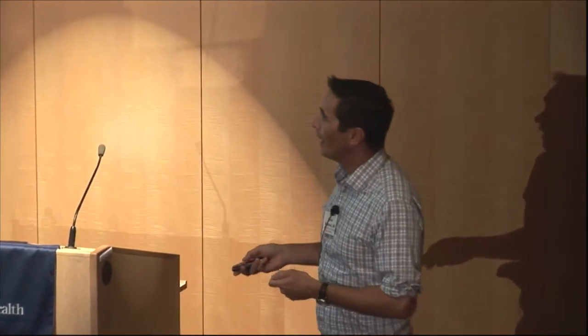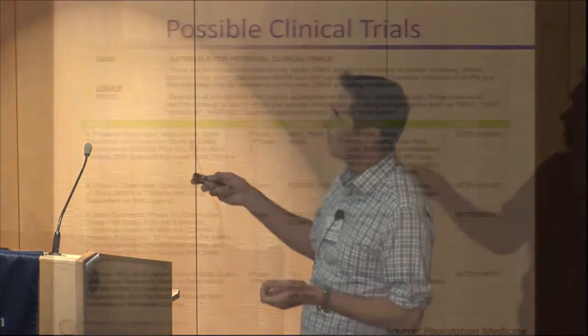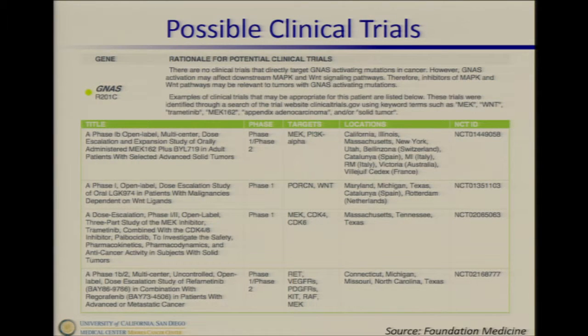So the final slide here is really about, so what does it do for you guys and for the patients? Well, you're going to hear from Dr. Fanta about what he does with Foundation Medicine. Foundation Medicine is one of those companies that sequence the DNA of those tumors and tell us which genes are mutated. And we've sent some of the cases to Foundation Medicine, and of course, very frequently they come back with GNAS.